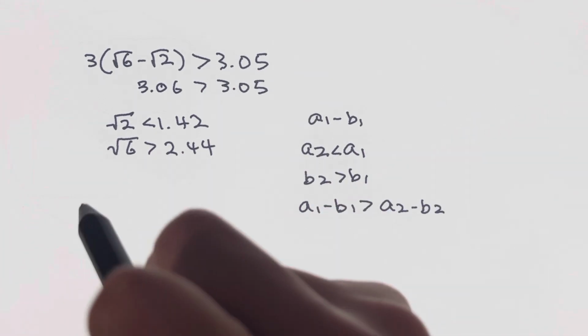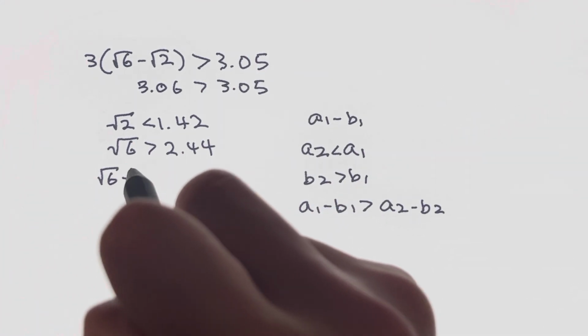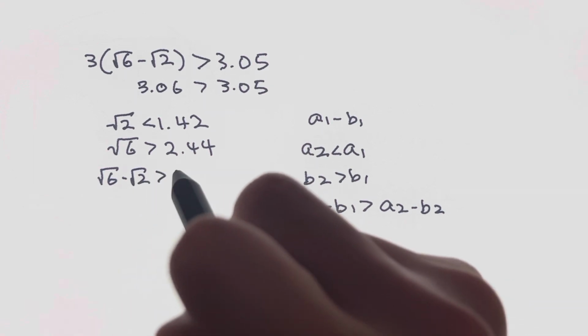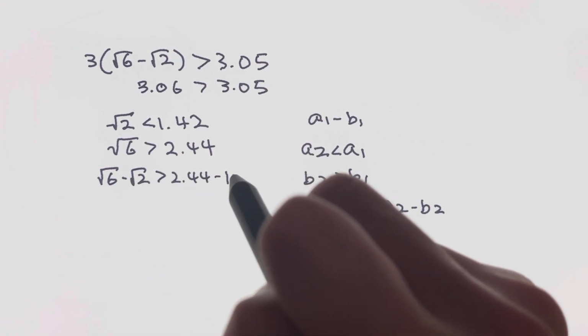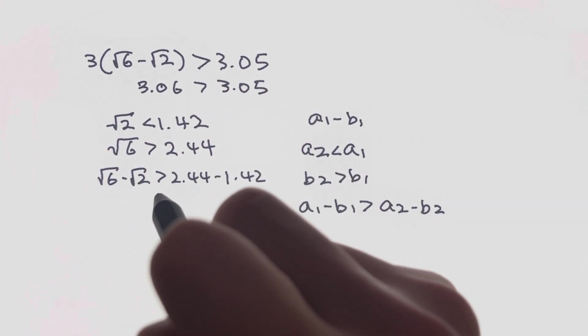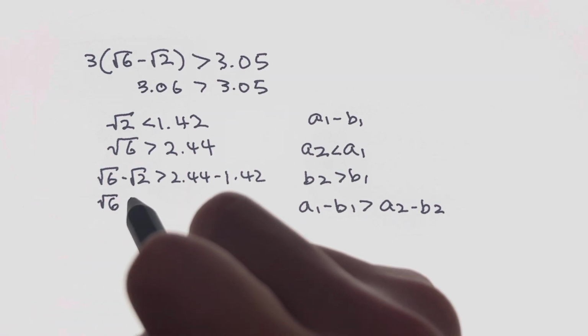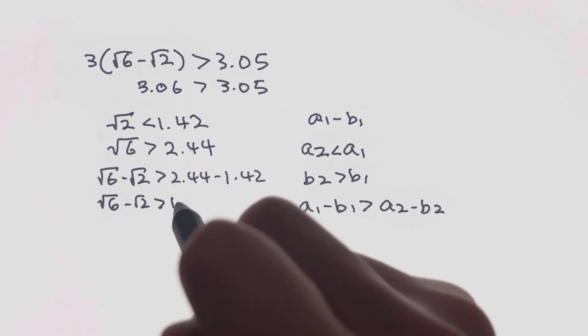So in this case, square root 6 minus square root 2 will be greater than 2.44 minus 1.42. So square root 6 minus square root 2 is greater than 1.02.